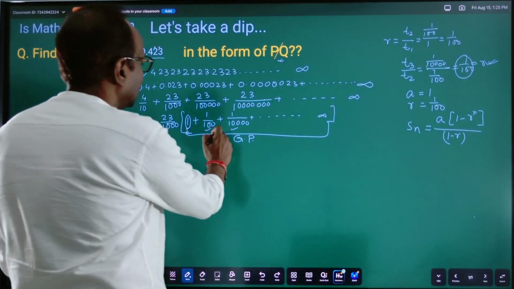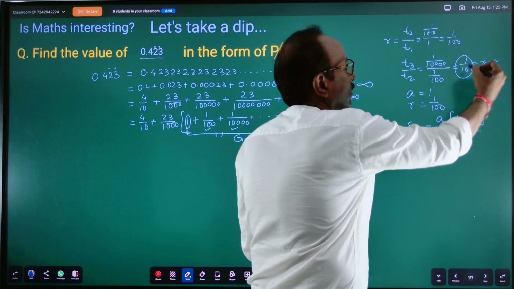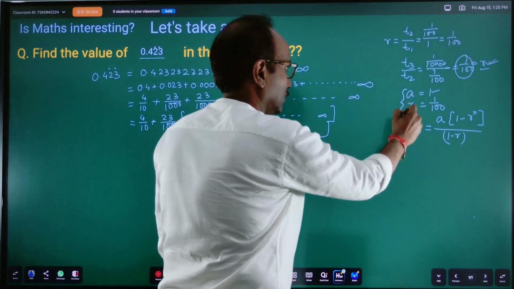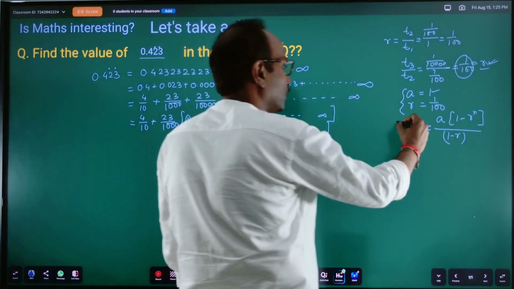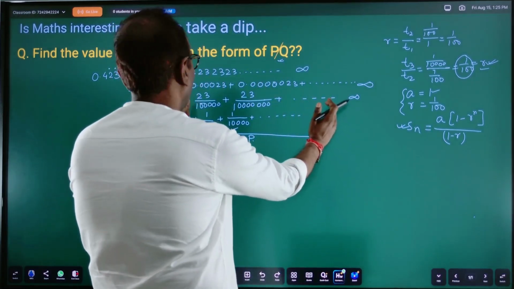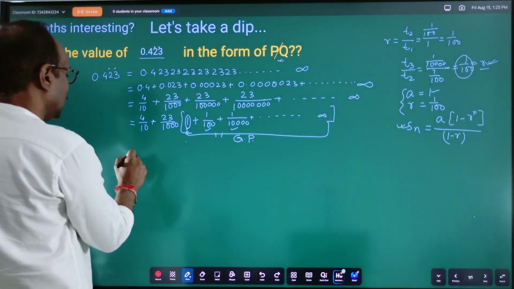For this case, we have the value of the common ratio and the first term, so we can apply this formula to get the sum of these numbers in the bracket. So let us apply that.